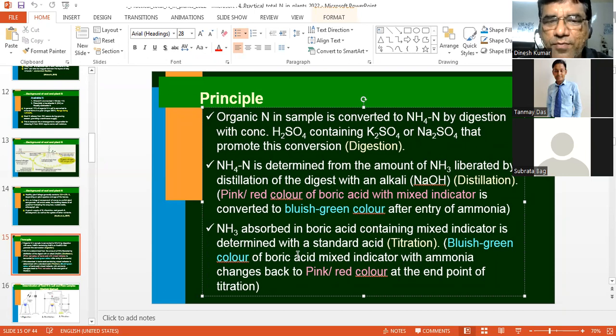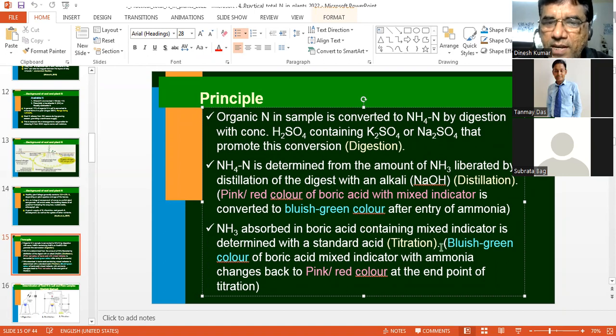And then you go for the titration. Ammonia absorbed in boric acid containing mixed indicator is determined with a standard acid. Any standard acid can be used as a titrant, like sulfuric acid. Normally we use sulfuric acid, but other acids can also be used.